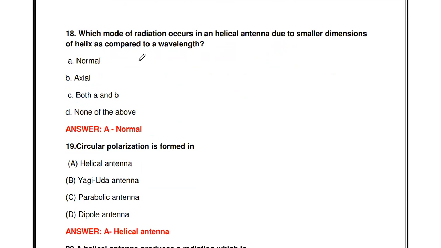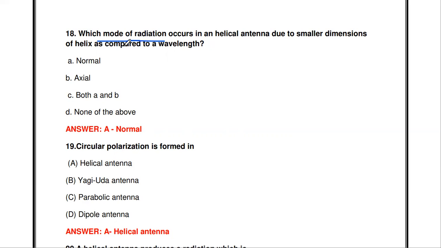Then the next one: which mode of radiation occurs in a helical antenna due to smaller dimension of helix as compared to wavelength? In a helical antenna, there are two modes of radiation: normal mode and axial mode.